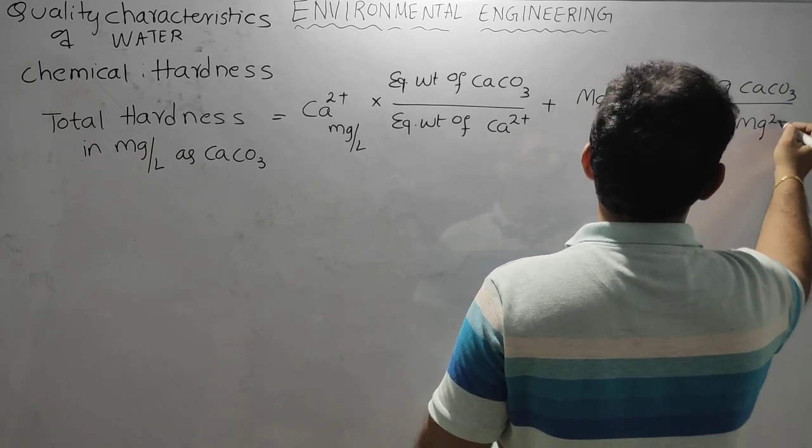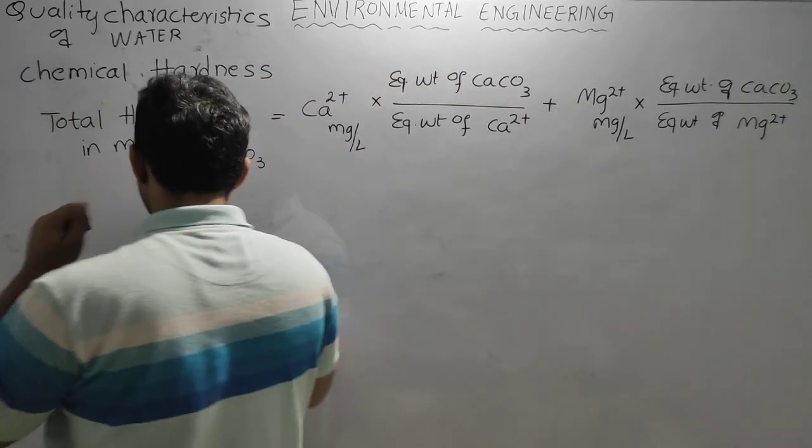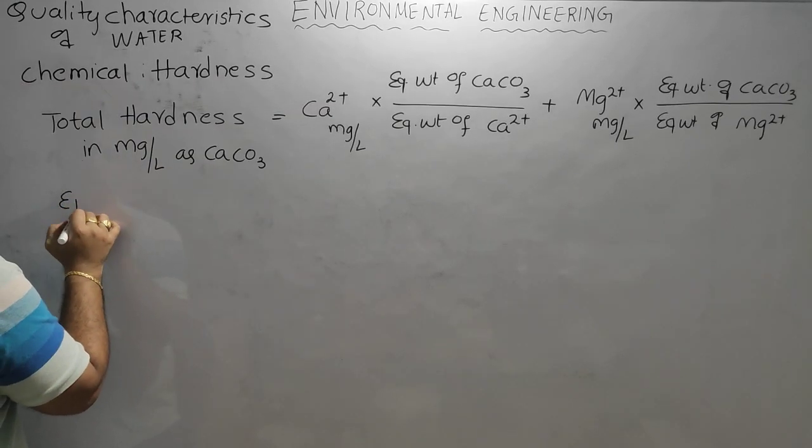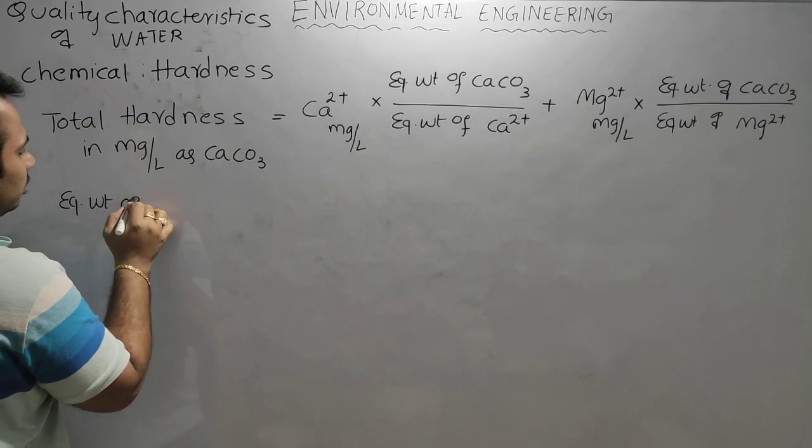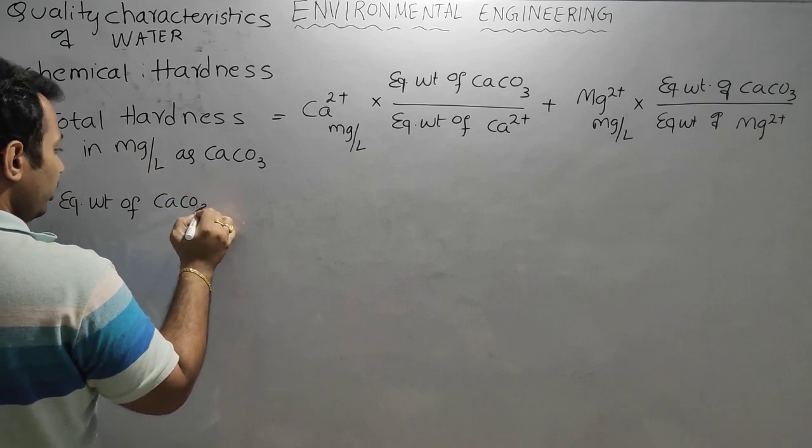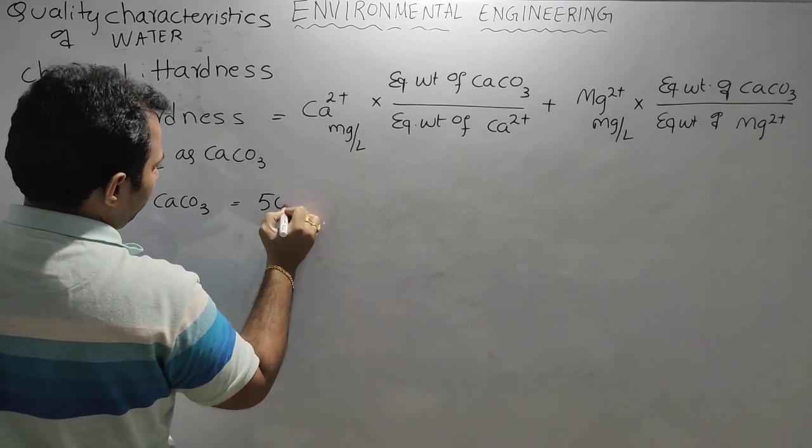We already know the equivalent weight of CaCO3 is equal to 50.